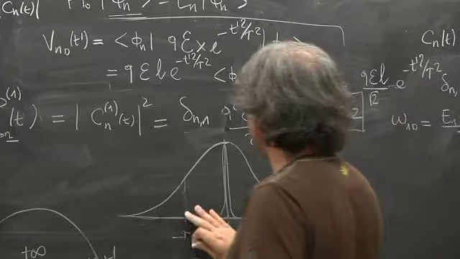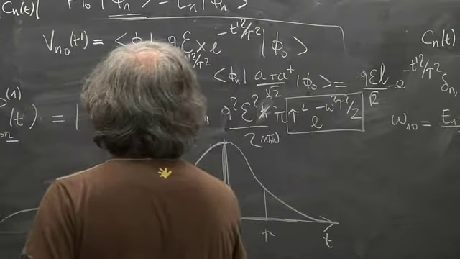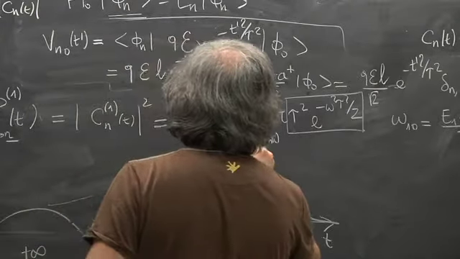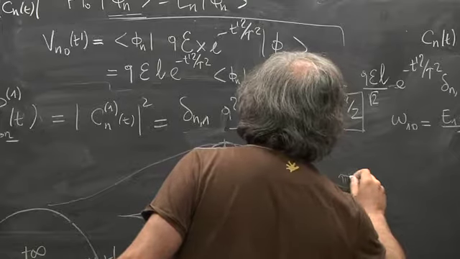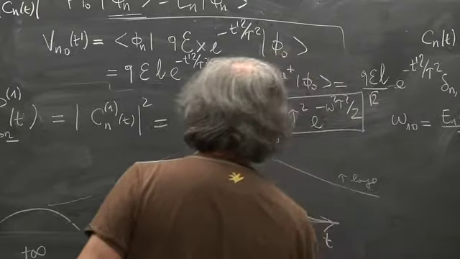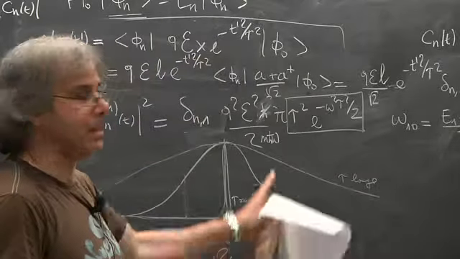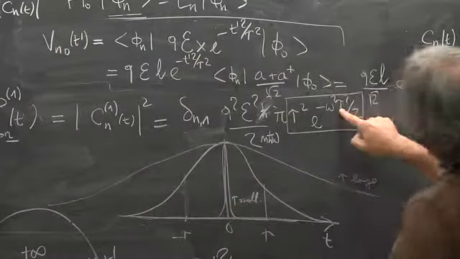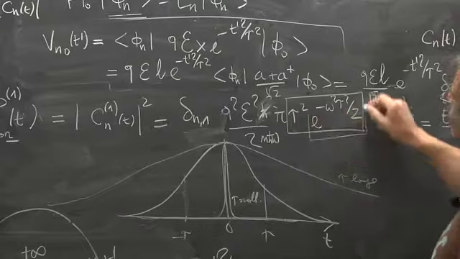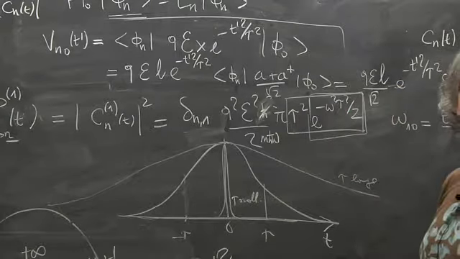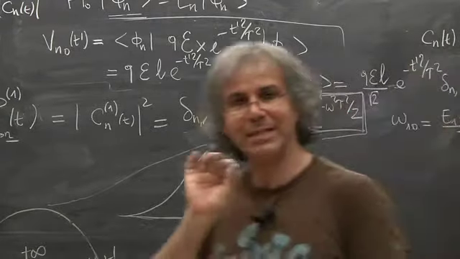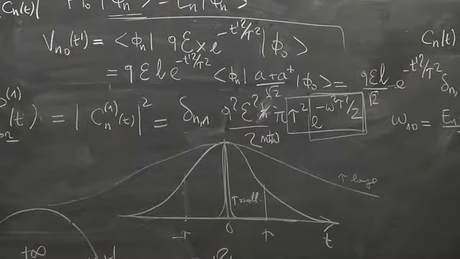But if tau is very large, so it means I do a very adiabatic turning on and off. So this is tau large, and this is tau small. Then also I have a small probability, because now what makes the result small is this exponential. All right? So this probability of excitation is small, both if I do it very fast and extremely slow. In the middle, it's larger.